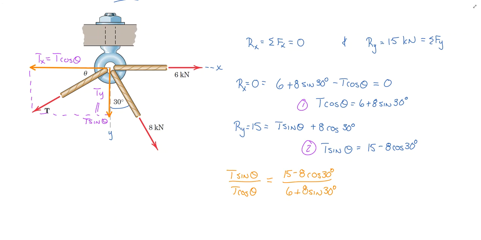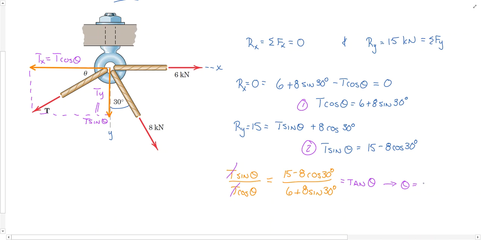On the left-hand side, the tension will cancel out, and sine theta over cosine theta is the tangent of theta. I'm left with a mess of numbers, but all of these are known quantities. So if we take the tan inverse of it, we would get theta, and it turns out that theta is 38.9 degrees. So now we know theta.